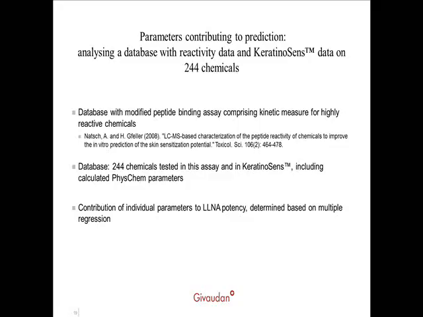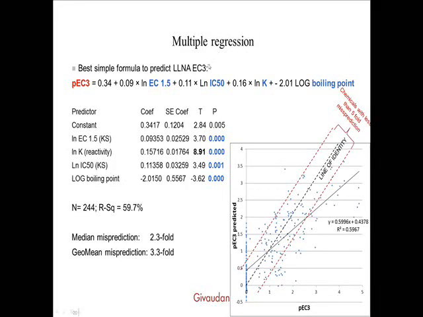We use that for a multiple regression analysis, not saying that simple multiple regression is better than Bayesian nets or is the way to finally arrive at the best quantitative model, but multiple regression can very quickly give us an idea of the contribution of the individual parameters to potency.